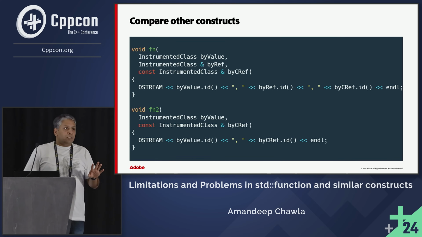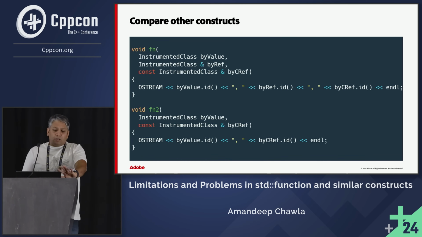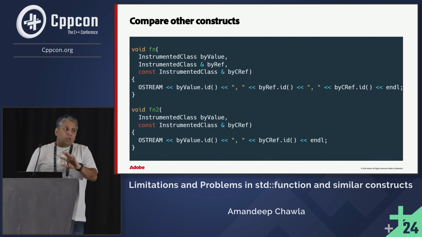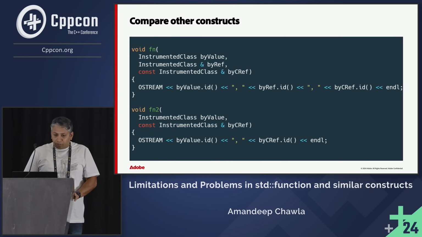Okay, any doubts on this? For the next 3-4 slides, just keep in mind there is a function by the name fun, and the other function is fun2, and they have 3 and 2 parameters. And the whole purpose of those functions is to spit out the IDs of what I'm writing at that time.